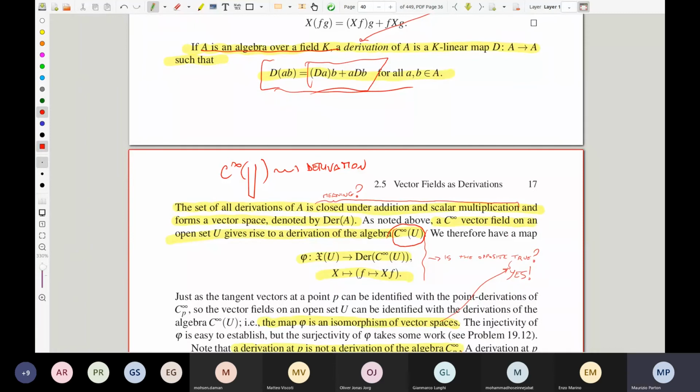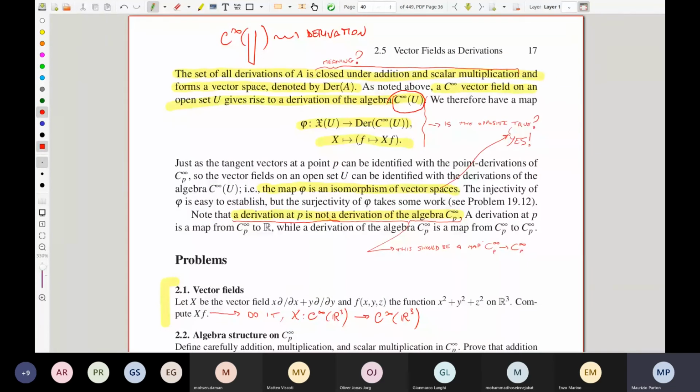A vector field is a derivation, but is every derivation a vector field? You guess what? Yes, it is. So we have a new way of looking at vector fields.